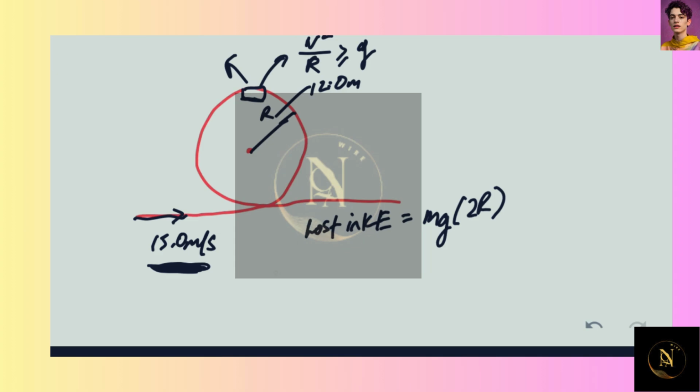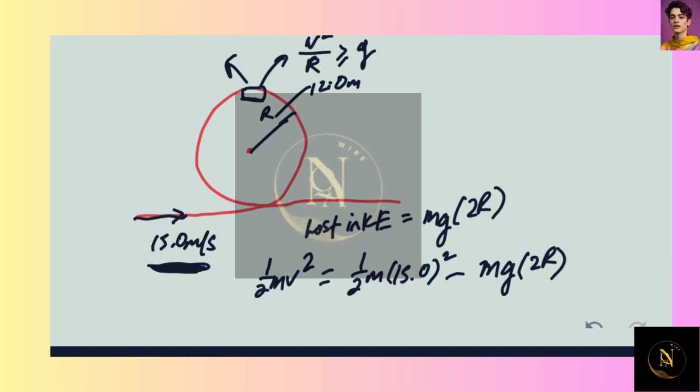So the final kinetic energy, half mv squared, must equal half m times 15 squared, the original kinetic energy, minus the loss, which is mg times 2r.